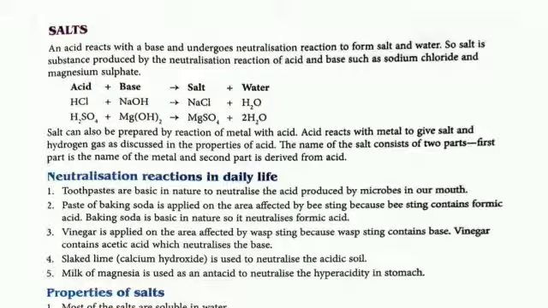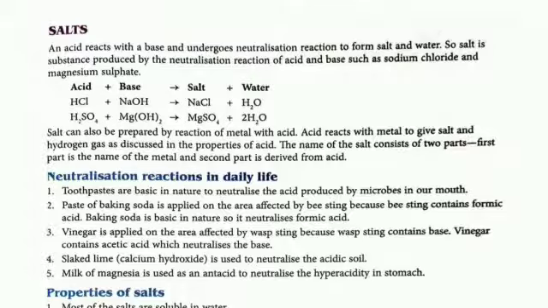Second example is H2SO4 and Mg(OH)2. H2SO4, sulfuric acid. Mg(OH)2, magnesium hydroxide. So the newly formed salt will be the first part of base, Mg, and the second part of acid, SO4.